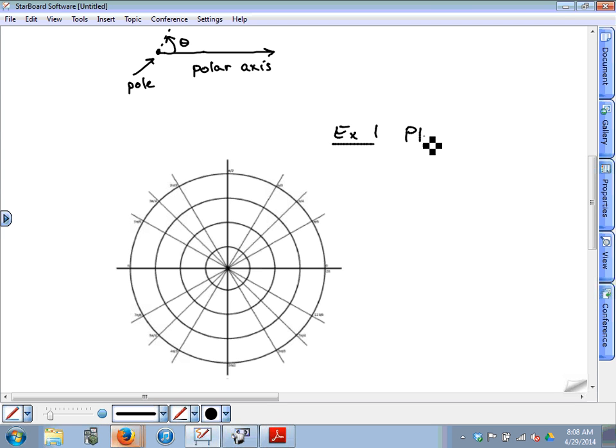We're going to plot a few points. For part A, let's plot the point (3, 3π/4).